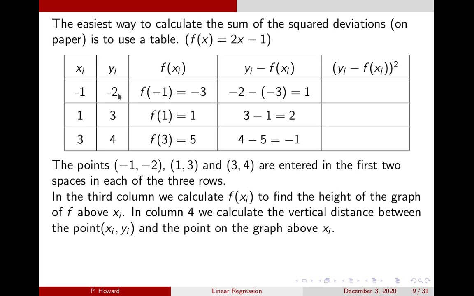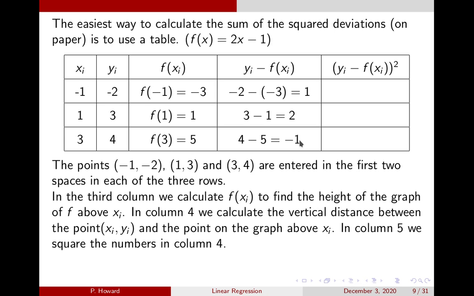So we're taking the entry in column 2 and subtracting the entry in column 3. Minus 2 minus minus 3 is plus 1. 3 minus 1 is 2. And 4 minus 5 is minus 1.